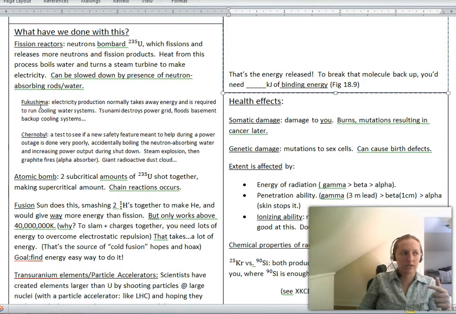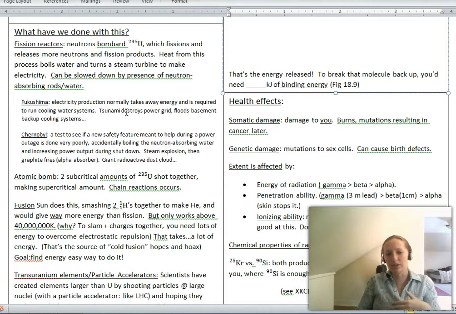Fukushima, the Japanese nuclear power plant that had some trouble when there was a tsunami a few years ago. The tsunami destroyed the power grid nearby in Japan, and normally the electricity is being used by people in Japan, and it wasn't.